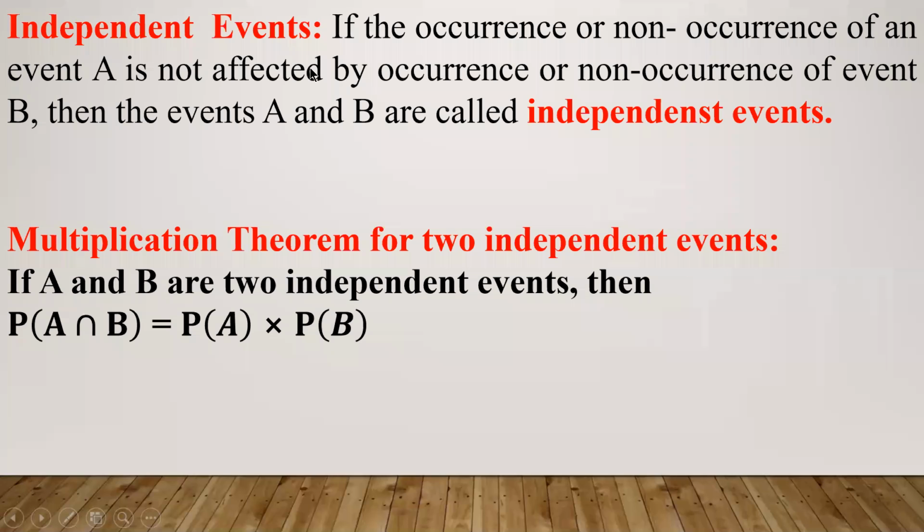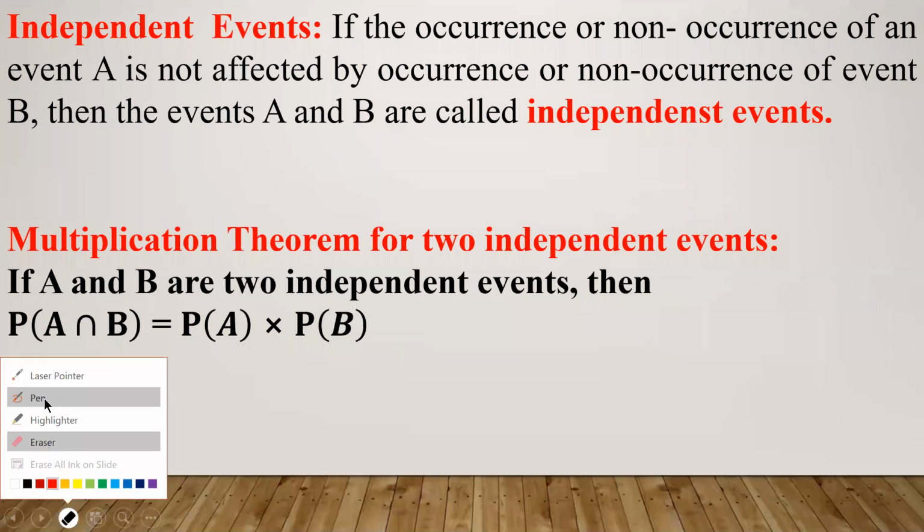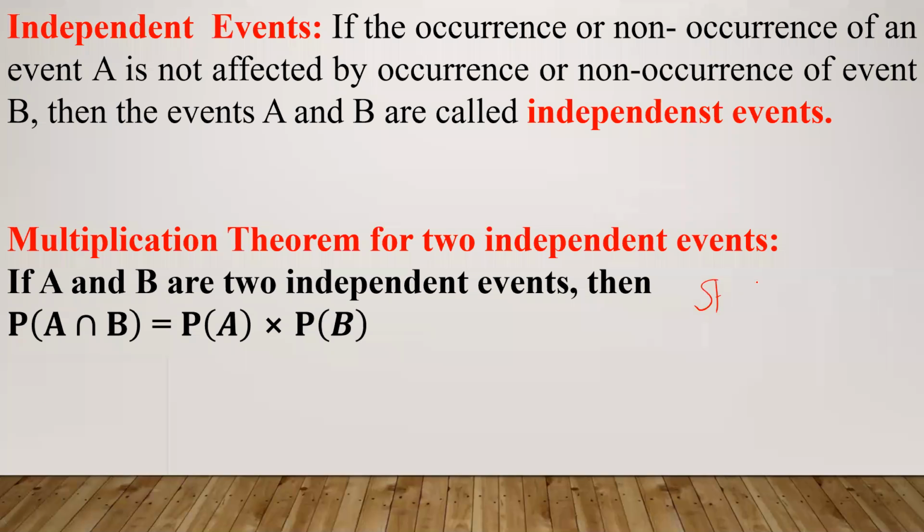Let me give you an example of that. Suppose there are 5 questions in a question paper and there are 2 students, student A and student B. Suppose A can solve 2 questions out of 5 and B can solve 3 questions out of 5.